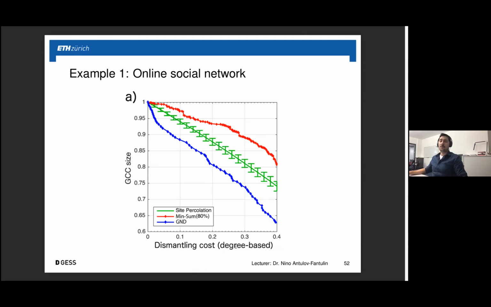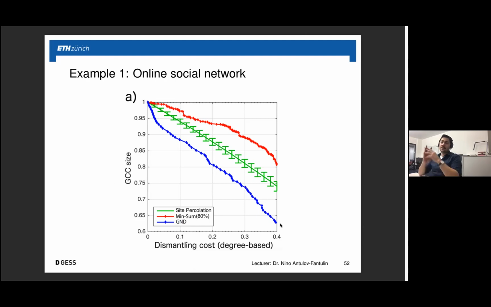The cost of removing a node was proportional to its degree, because we assume that some kind of centrality of this node can be described with degree, or you can use other measures. Okay. And then we also checked what happens when you do site percolation, which would mean randomly removing nodes.